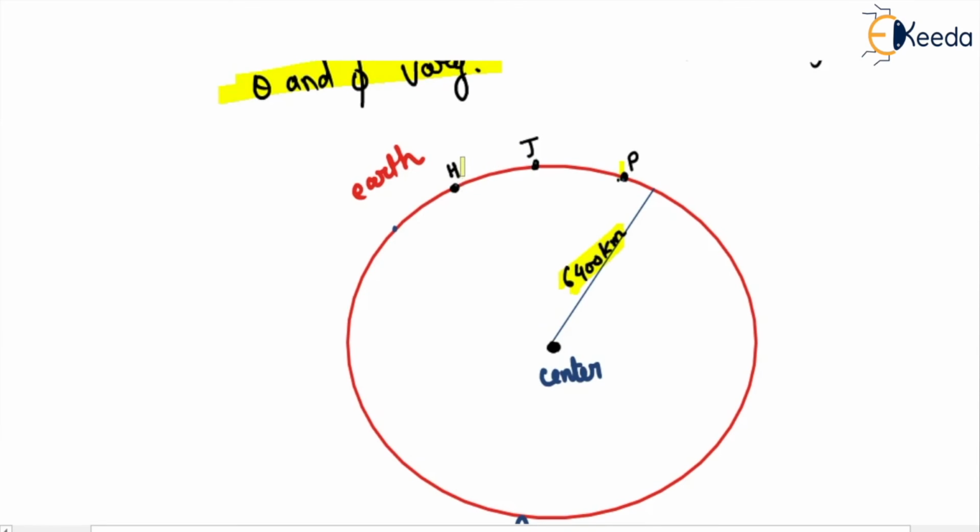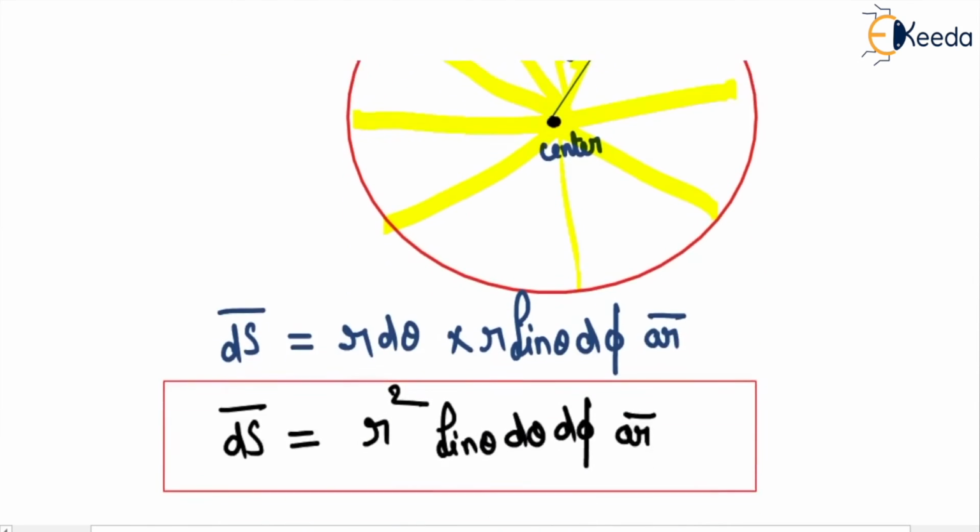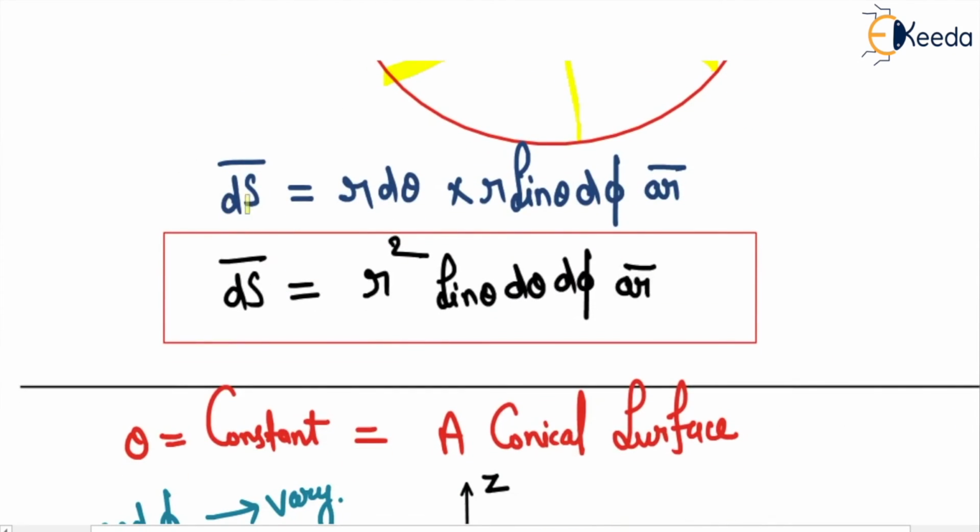Any point on the surface is at the same radius from the center. So the outermost area of a sphere is taken as r equal to constant surface. When r is constant, ds vector is equal to r d theta into r sin theta d phi ar vector, so ds vector is r square sin theta d theta d phi ar vector.